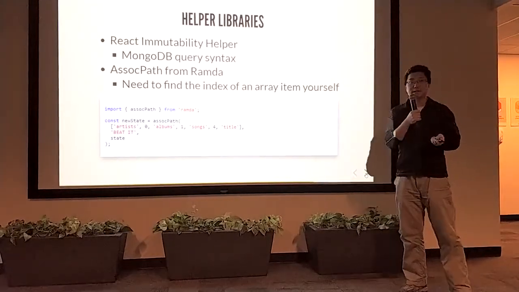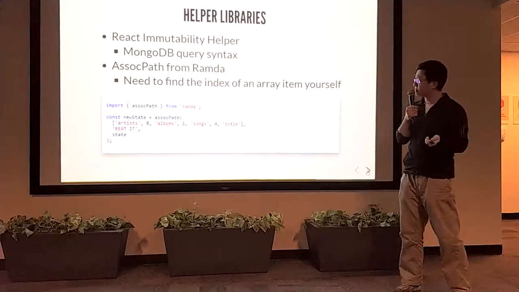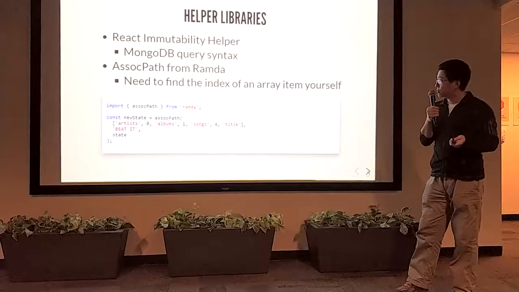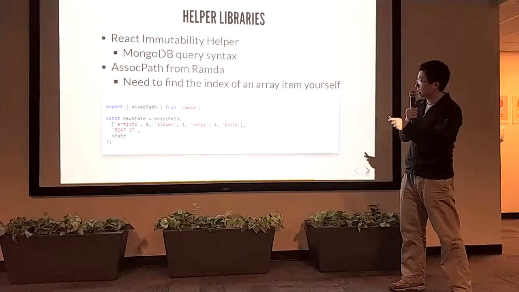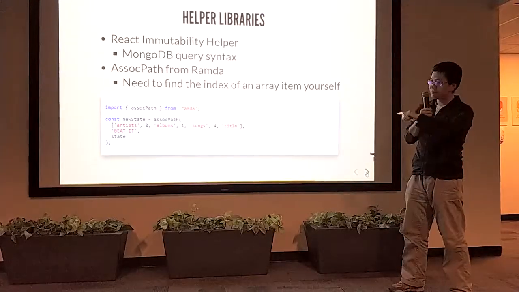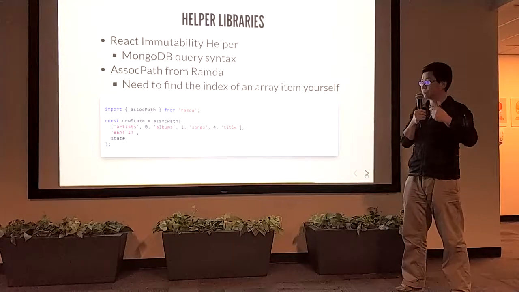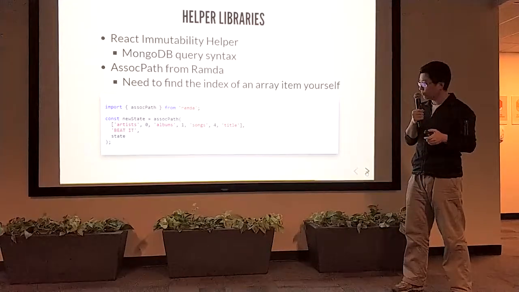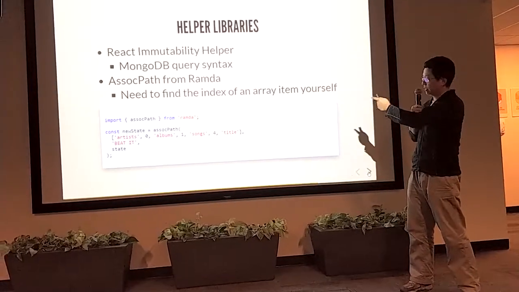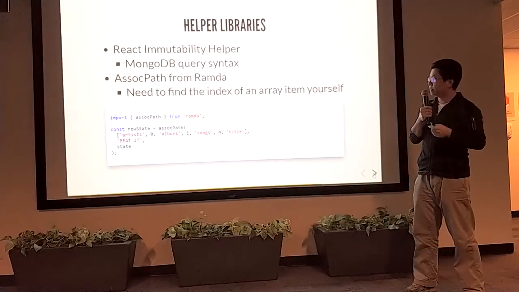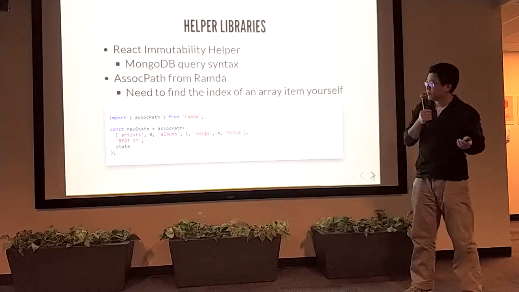You can think of Ramda as the functional version of Lodash and Underscore. With the assocPath function, you can provide a path from the root node to your target node. You can just provide a path and then provide the value you want to update. Then the whole logic in the previous slide can be simplified as this.